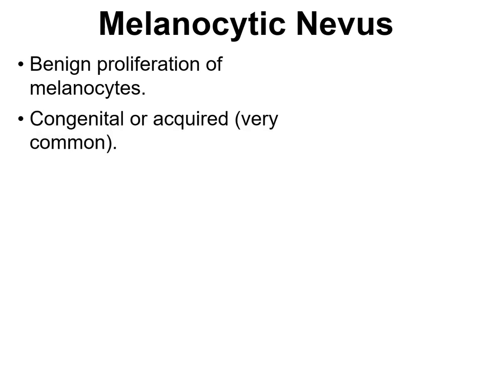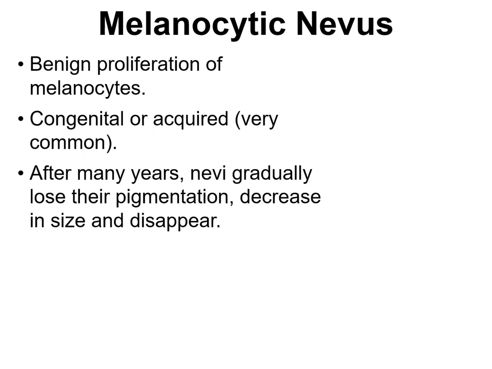It may be congenital or acquired. The patient may be delivered with this lesion, or may acquire it during early childhood and adolescence. There is something common in melanocytic nevi, which is called maturation of the melanocytes.